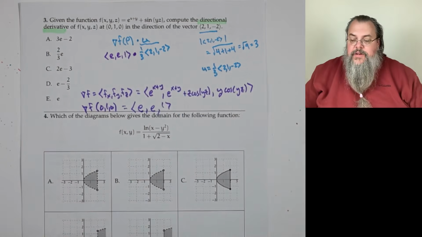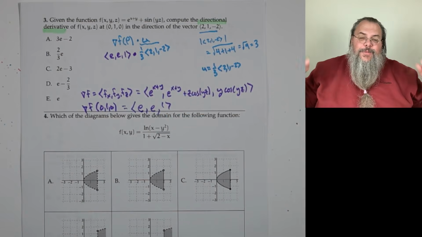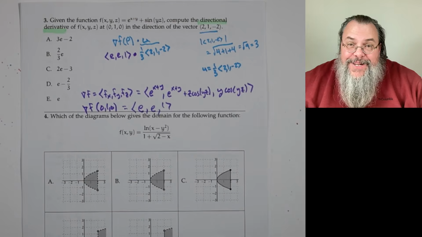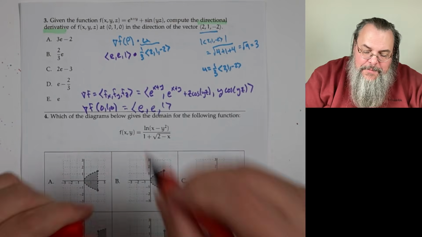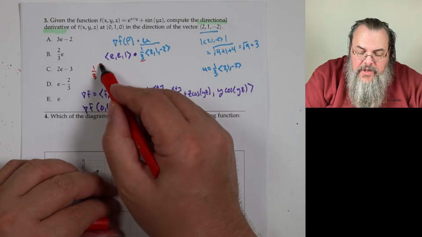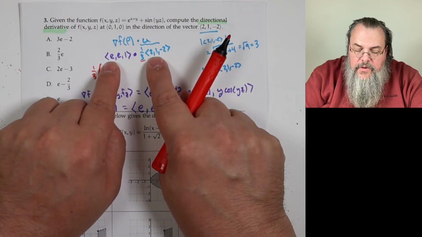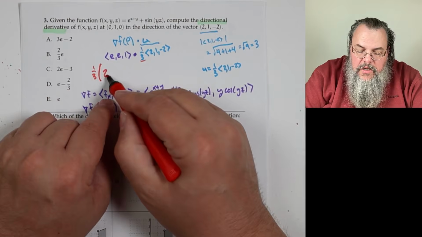Don't forget dot product. Now we're almost done. We still have to remember how to do a dot product, though. So how does a dot product work? Well, we can just pull this constant out in front, 1/3 times, and you multiply entries together. 2 times e, 2e.